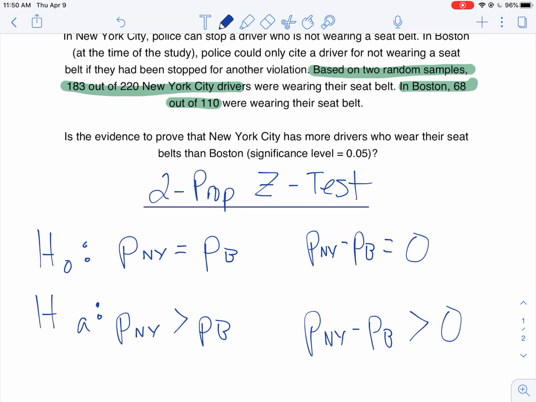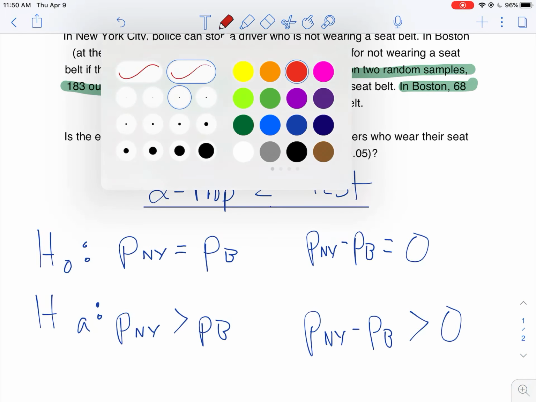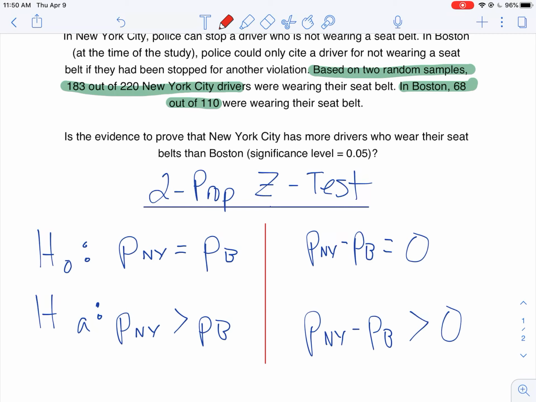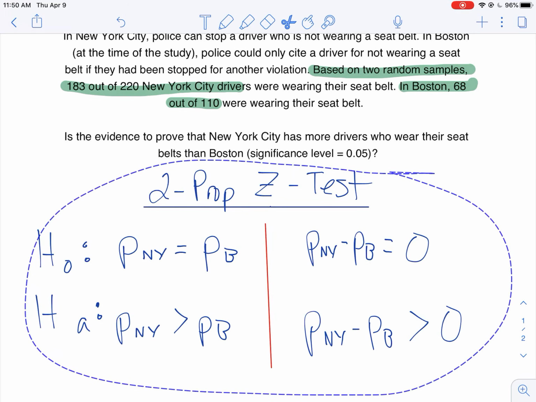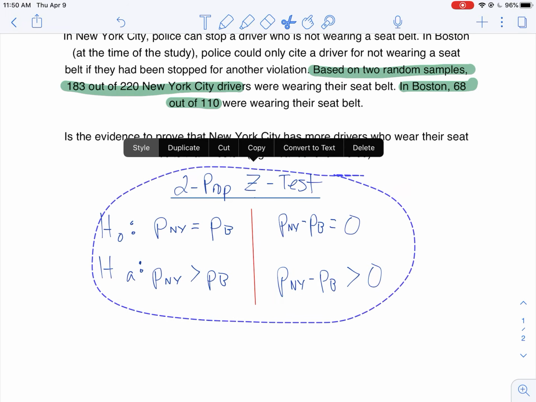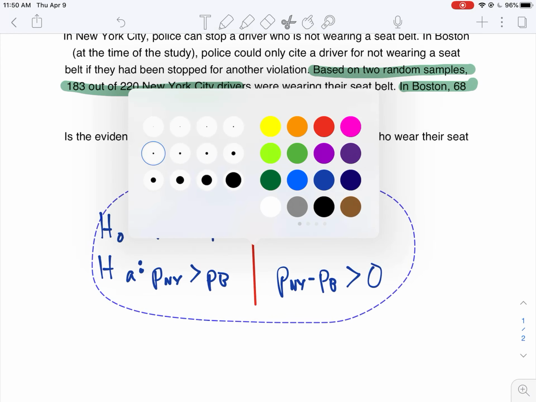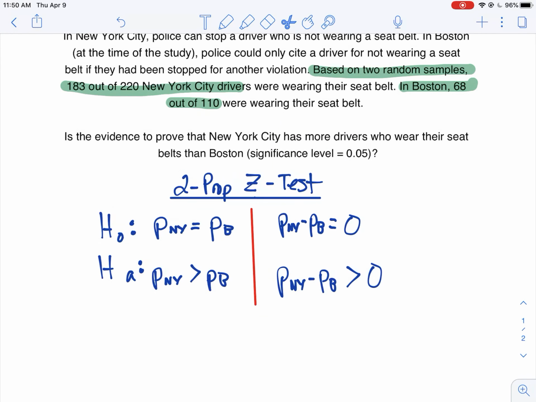You can do either of these. But notice that I don't have any specific values besides the number 0 in here. That's really important. Make sure that if you're doing a 2-prop Z test, no other numbers are present here. Because again, all you're trying to prove is that they're not equal or one's greater than the other. You're not trying to prove any values specifically.